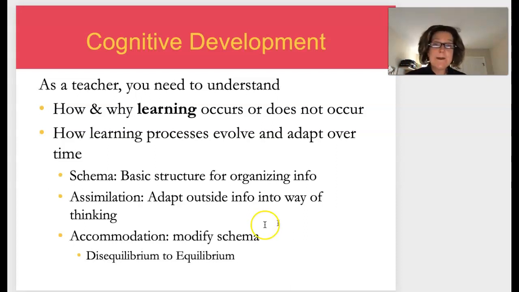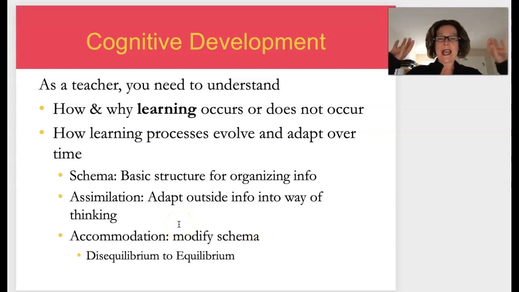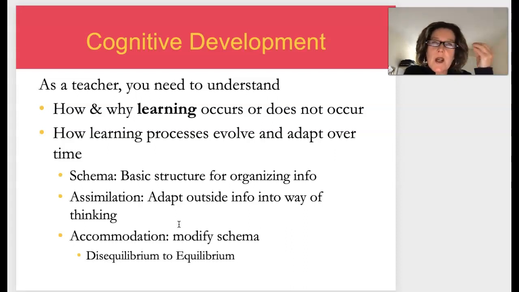Okay. Assimilation is when you adapt outside information into your current way of thinking. So say a child may have figured out that the word cat refers to that fuzzy four-legged animal that runs around the house. Their existing schema, so how they've organized that information in their head, is adequate to make sense of what they observe.